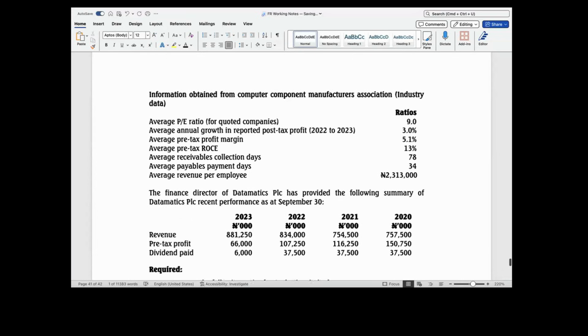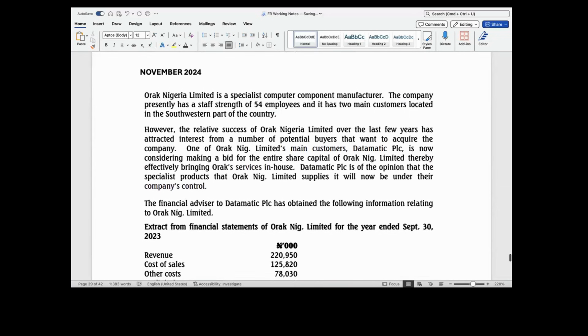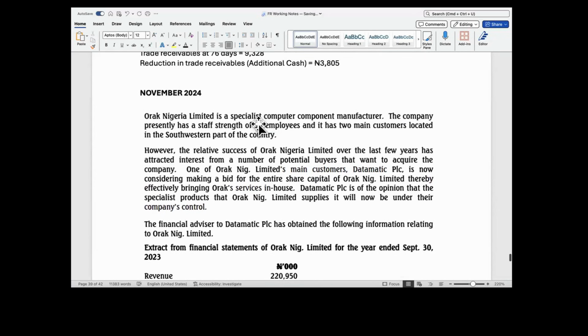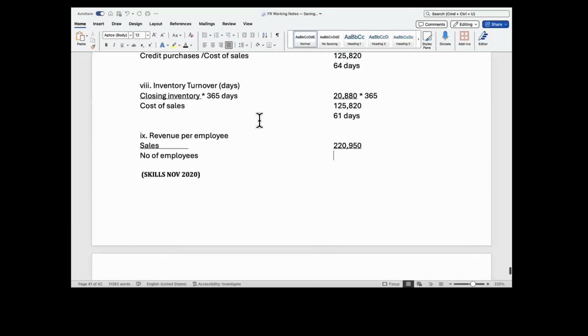In the first paragraph, they said they have 54 employees. So how much is that? 4,092.